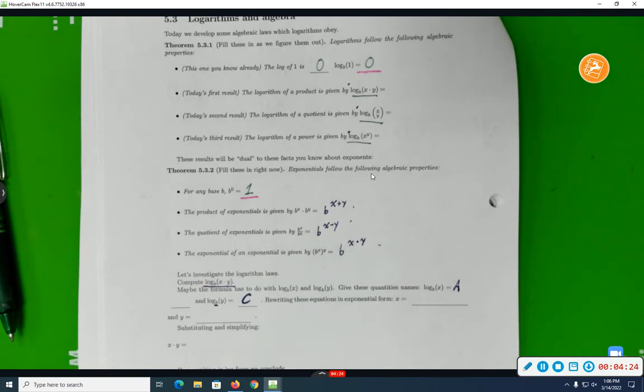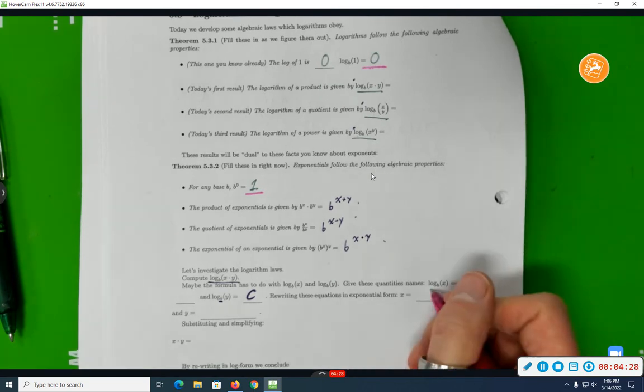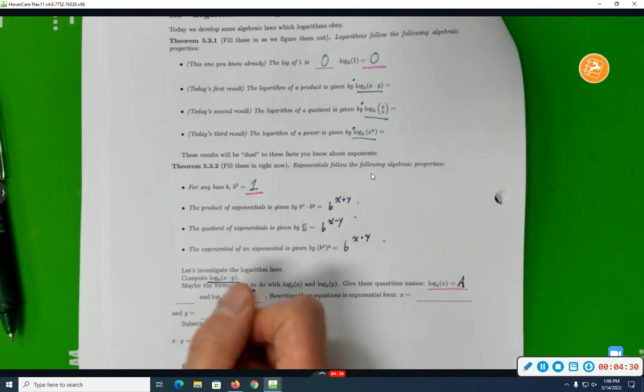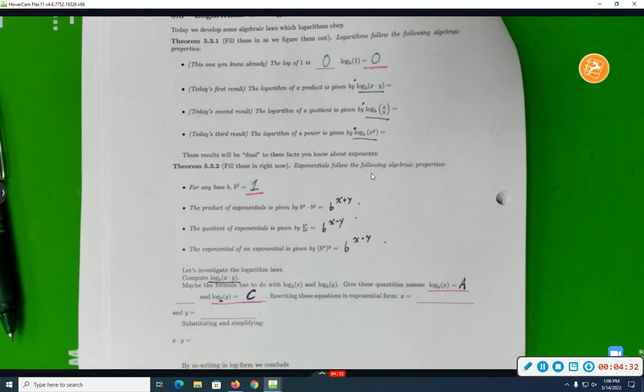That works. So that gives me two equations, doesn't it? Log base b of x equals a, log base b of y equals c. And here's the power of just giving something a name. Once you give something a name, you can start manipulating equations. If you want to rewrite this in exponential form, what would you get? b to the a is equal to x.